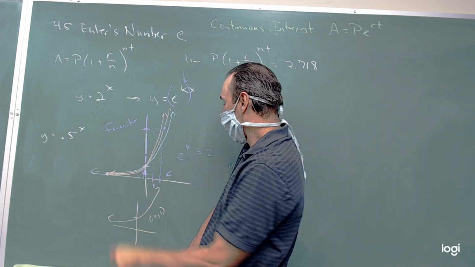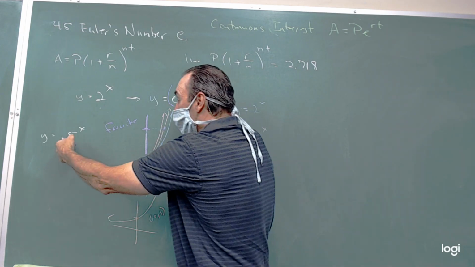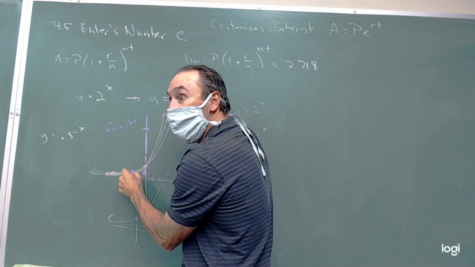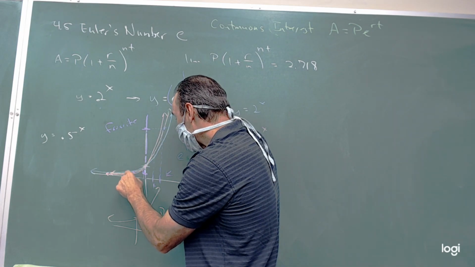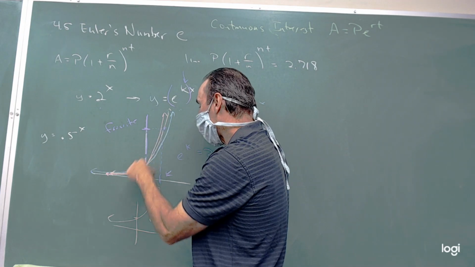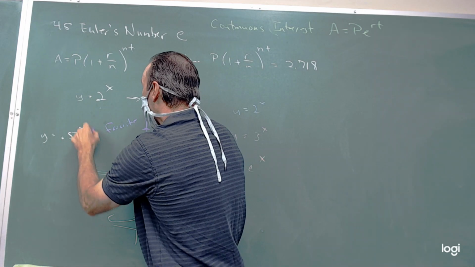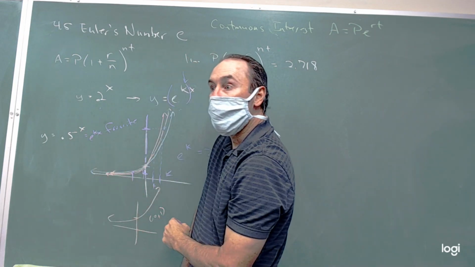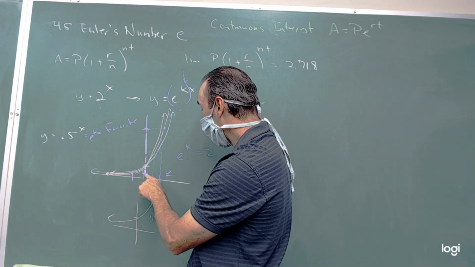Not a problem. Because we can see for that y value 0.5, I'm going to have to go to the left of the x-axis to find a point on that orange curve where e to the k is going to be equal to 0.5. So here's the 0.5, the y value.